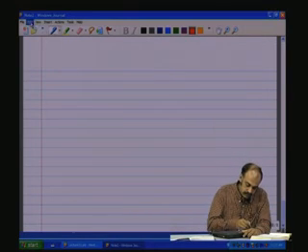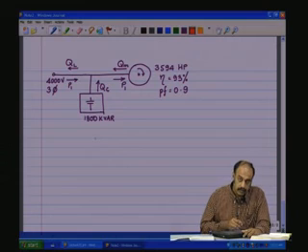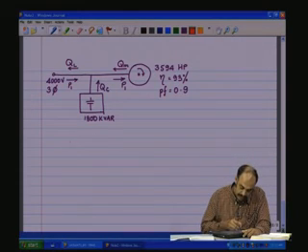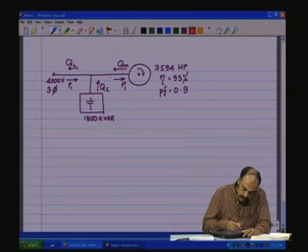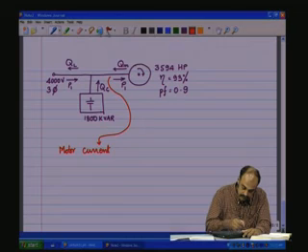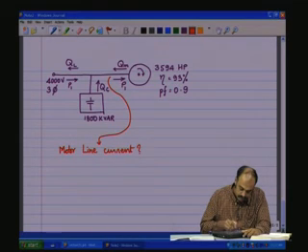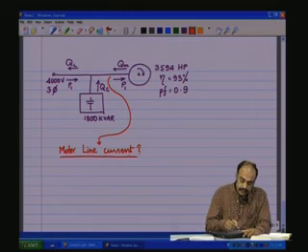Now, what is the motor line current? That is, what would be the current here? Let me say it is the motor line current. What is that?